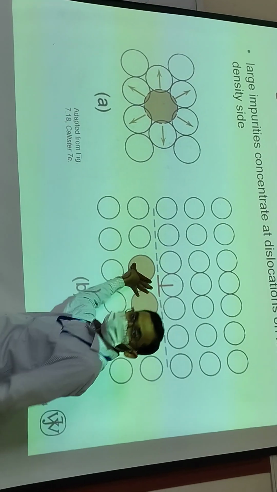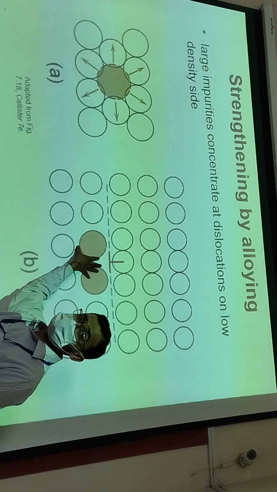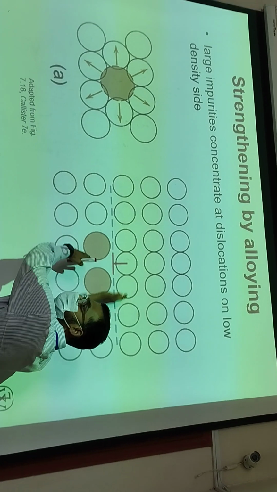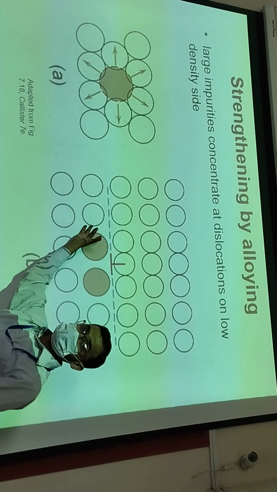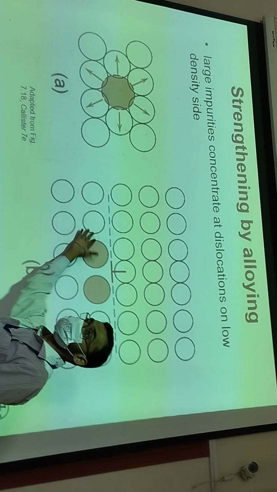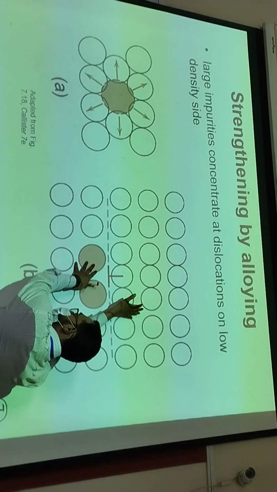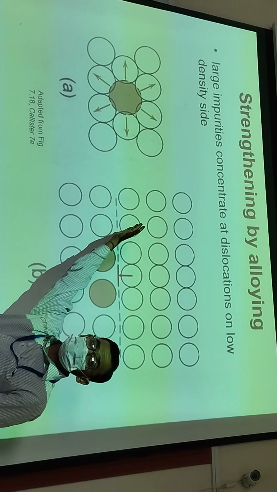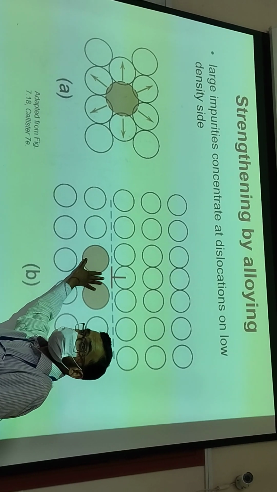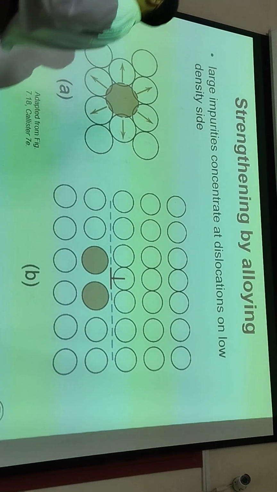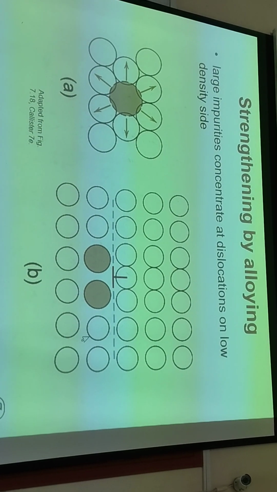Here there was tensile stress and more space, so the bigger atoms will preferentially come here, and when they do, they would be very comfortable in this area. Now we deform it, and because of the deformation the dislocation comes here, and they are squeezed back into a smaller space, which they do not want. They would actually like to move back into the larger space. In effect, these 2 atoms are going to push back that plastic deformation, because they are already in their comfort zone and would like to remain there. So they are going to resist the motion of plastic deformation from passing through this zone.